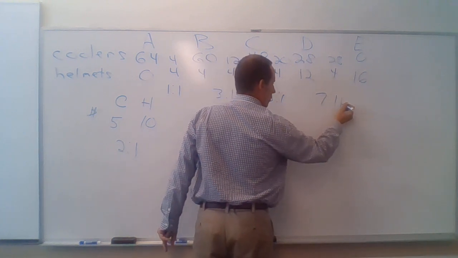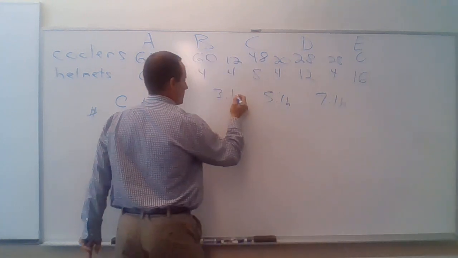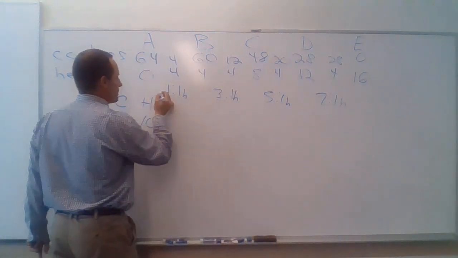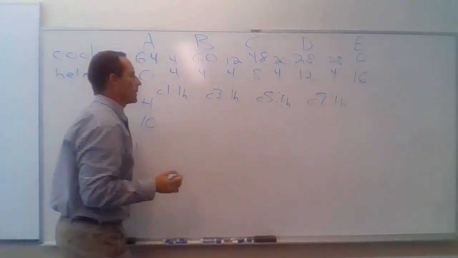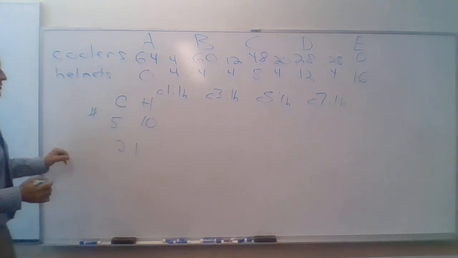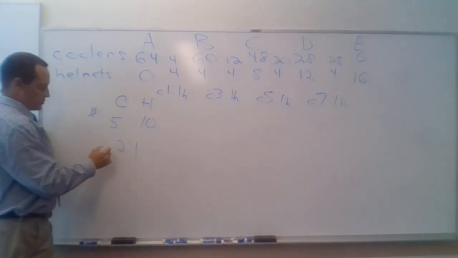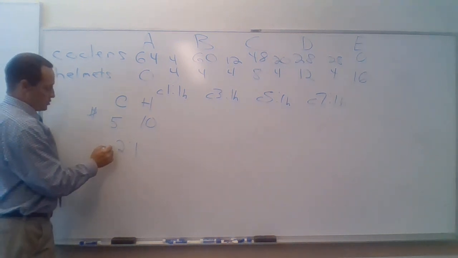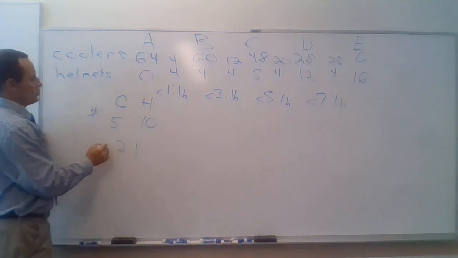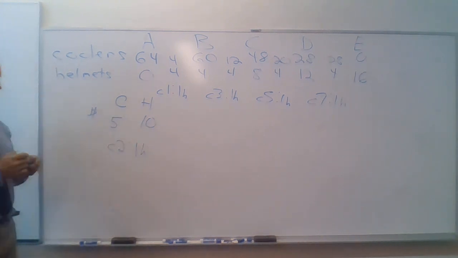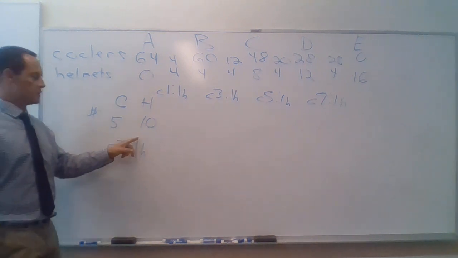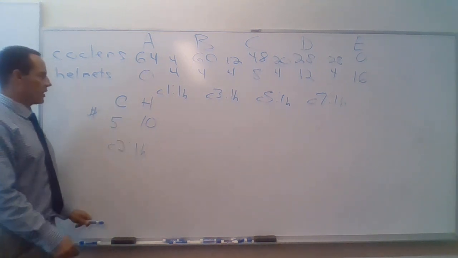So all these 1s here represent 1 helmet, and these bigger numbers represent coolers. So according to the stores, 2 coolers have the same worth as 1 helmet, if a bicycle helmet costs $10 and a cooler $5.